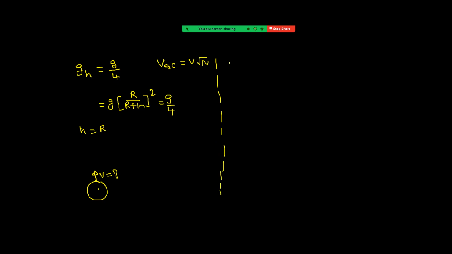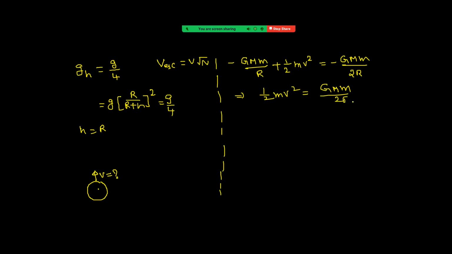At the time of projection, potential energy is minus Gm by r, plus kinetic energy half mv square, equal to the energy at height r, where there is only potential energy, minus Gm by (h plus r), which is now 2r. So half mv square equals, taking this to the right side, 1 minus 1 by 2, which is 1 by 2, so Gm by 2r.